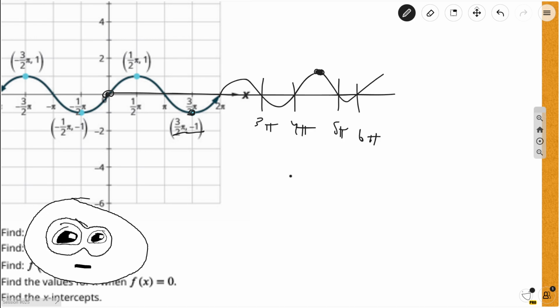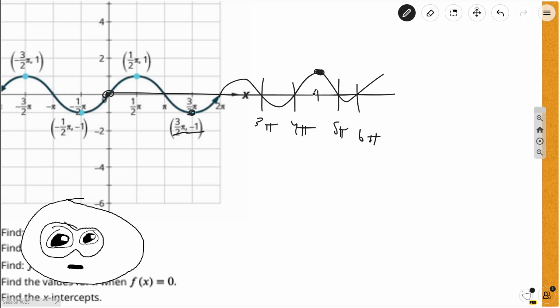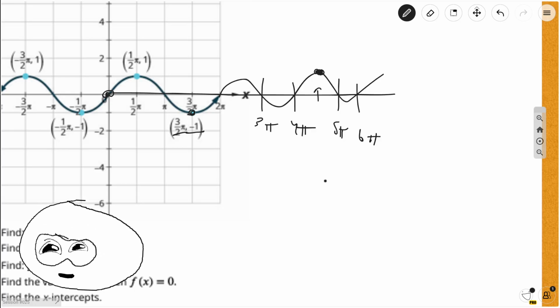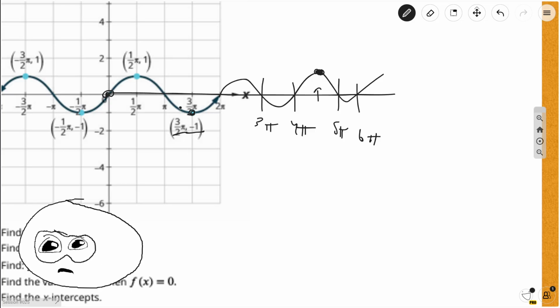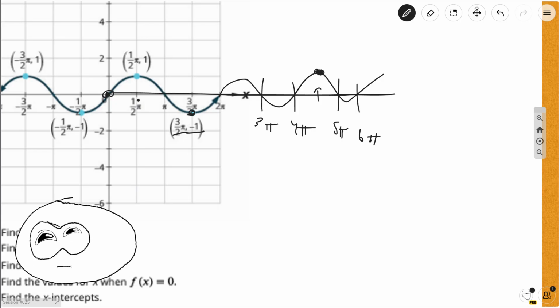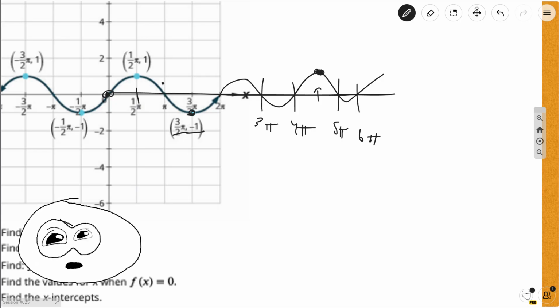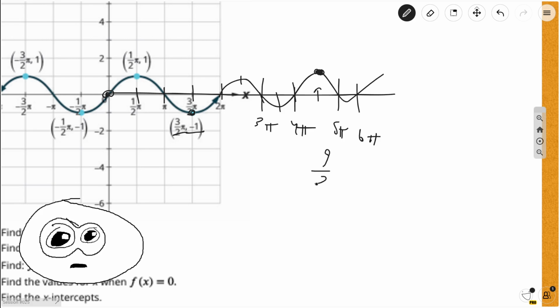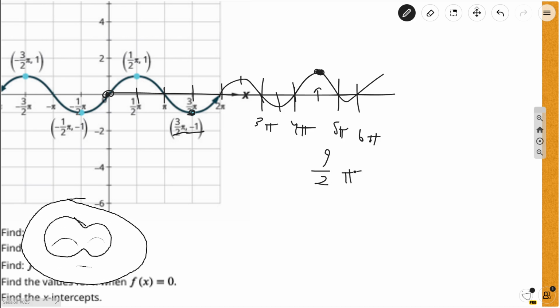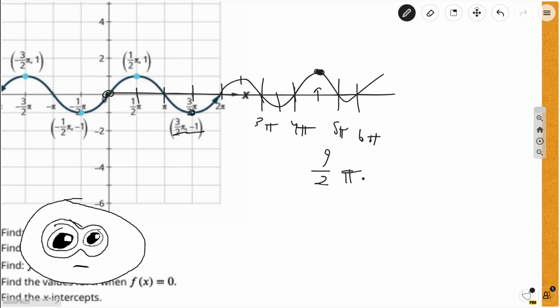So if I were to say, what's this part right here? Well, if this is like 1, 3... let's see, 1, 2, 3. So it looks like they're counting by half pies. Here's 1 half, here's 2 halves, which is 1, 3 halves, 4 halves, which is 2, 5, 6, 7, 8, 9. You got 9 over 2 pi right here. Cool. And that'll be our function.